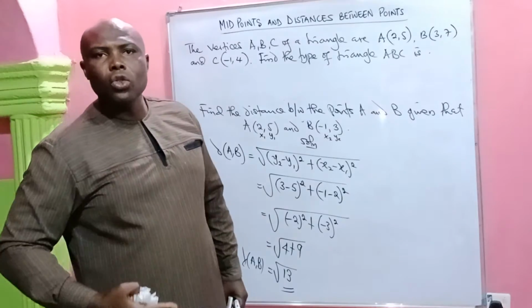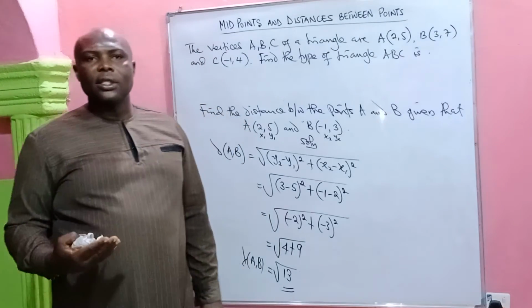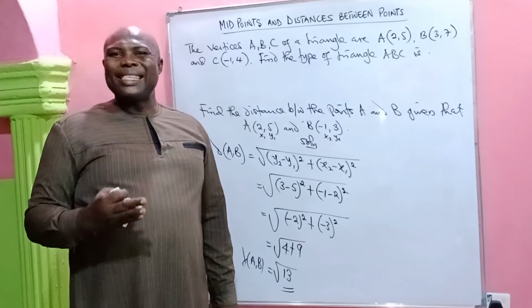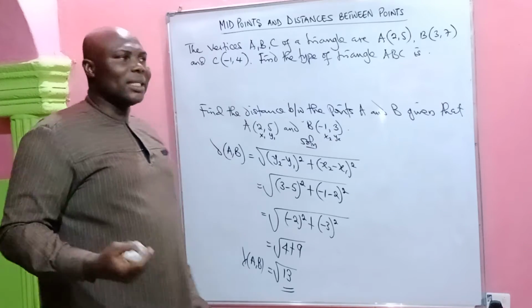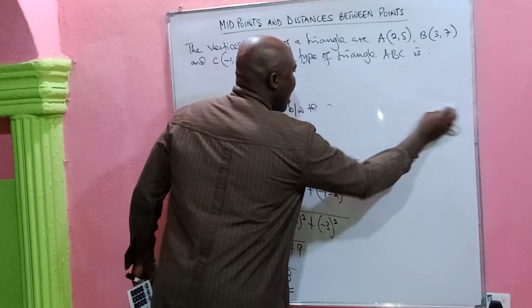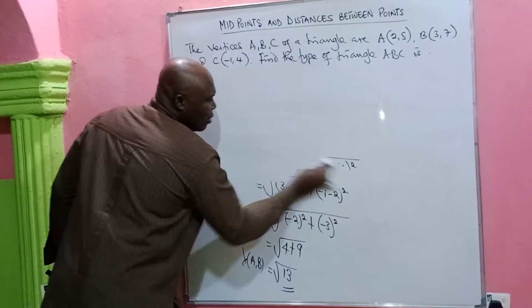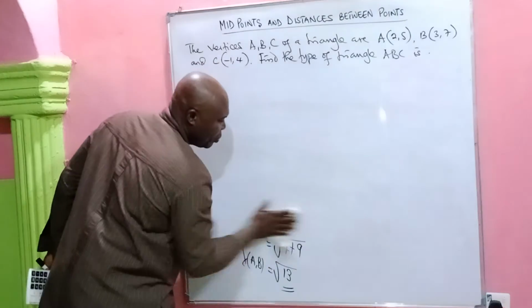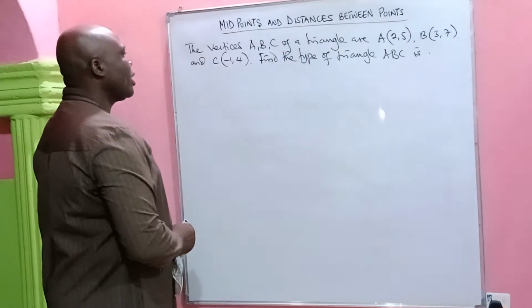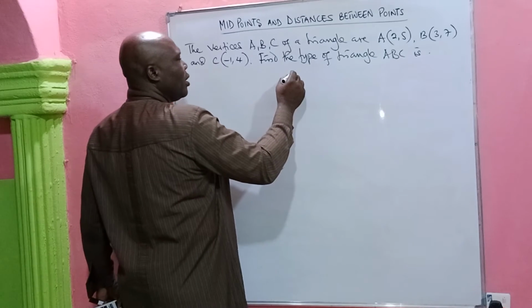And of course, for you to know the type of triangle it is, it means we want to find the 3 sides of the triangle by simply applying the distance formula. Okay, so let's see how we can do that. Now, from the result you have, you'll be able to determine the type of triangle. Okay, so this is a triangle.